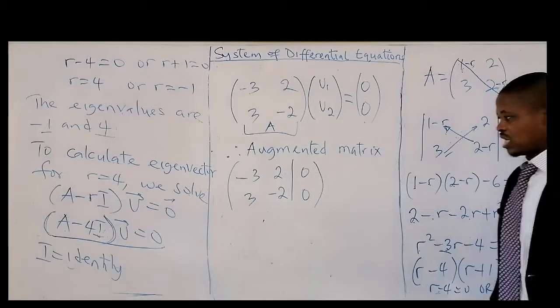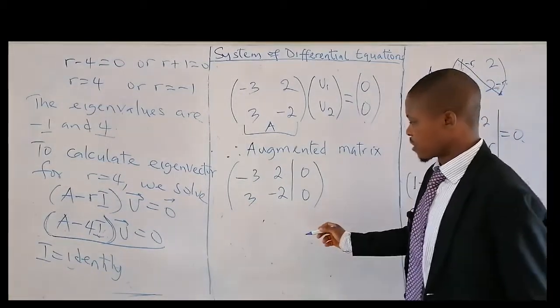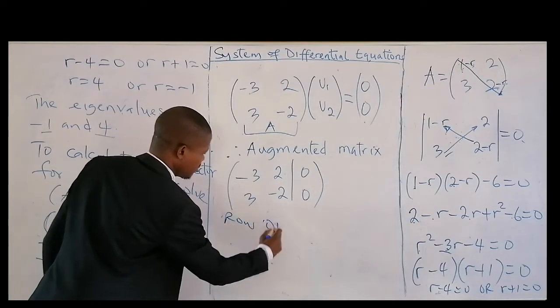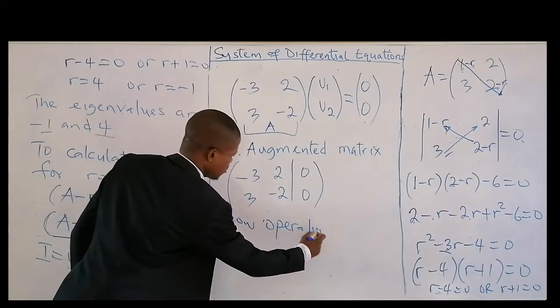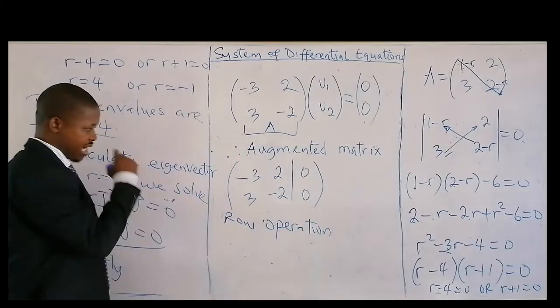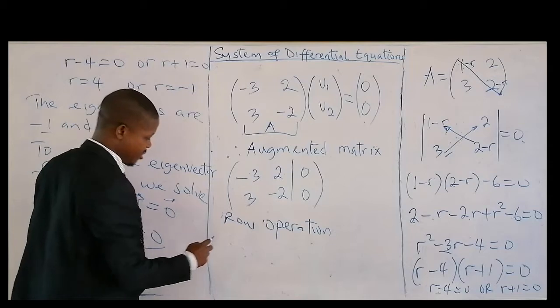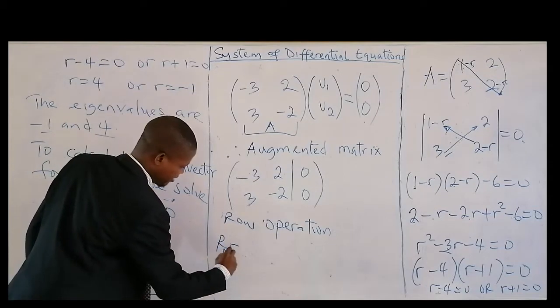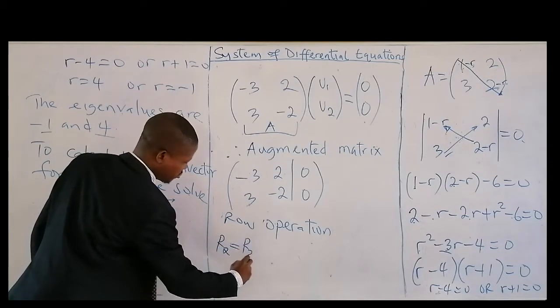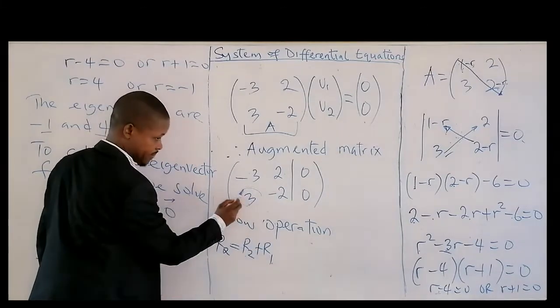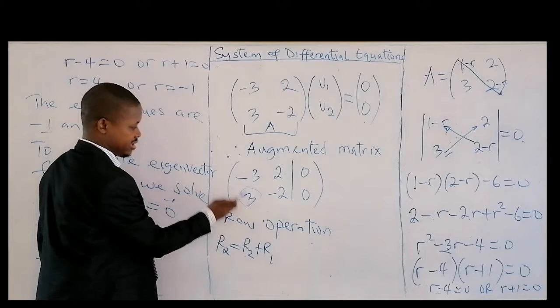So the next thing to do now is the row operation. What we want to achieve here: this is 3, this is minus 3. That means we can say row 2 is equal to row 2 plus what? Row 1. Because we want to ensure that the first element on the second row is 0.